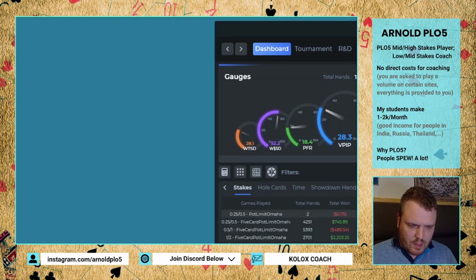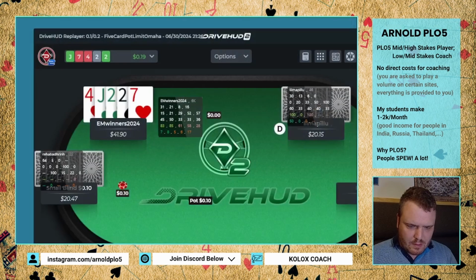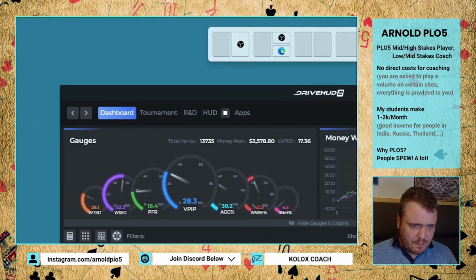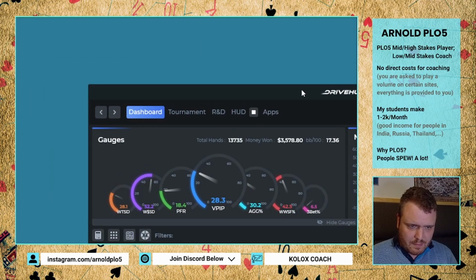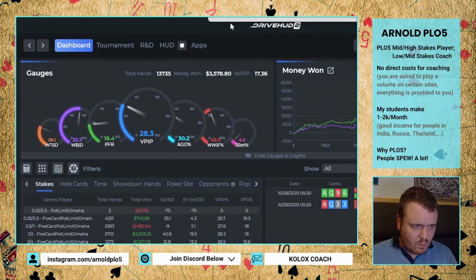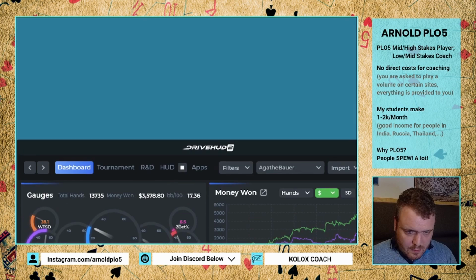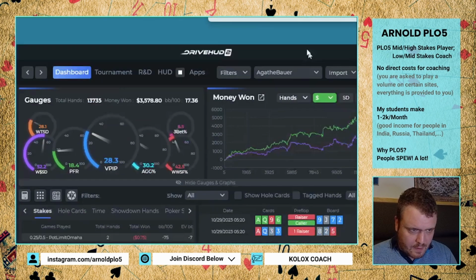Analysis tool is DriveHut. So let's open DriveHut. Let's put it to the size up on the screen so you can see. Probably put it like that.